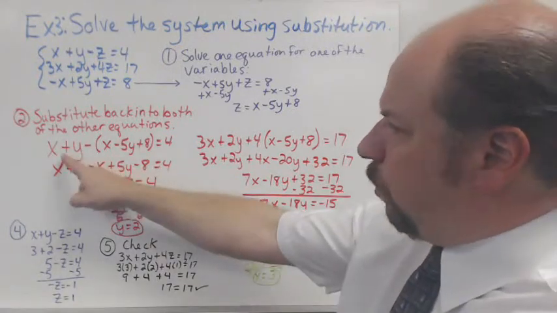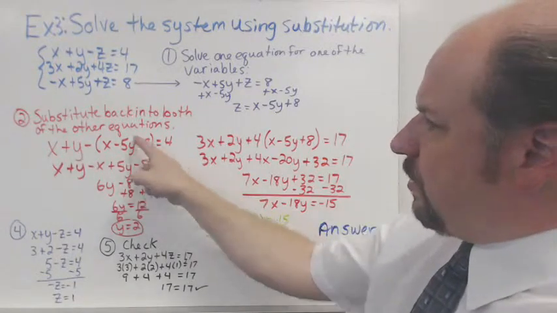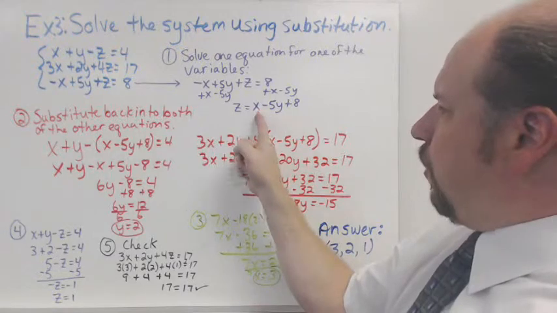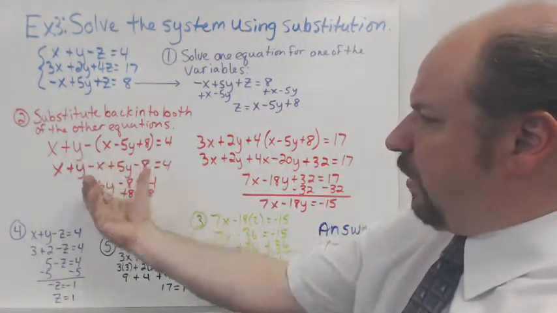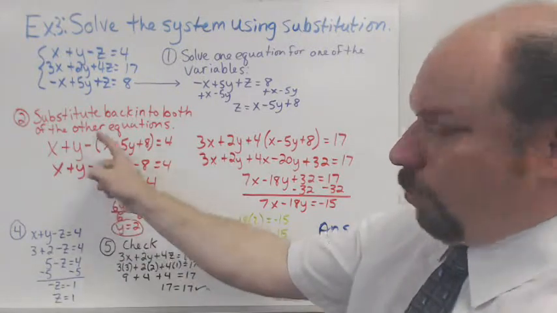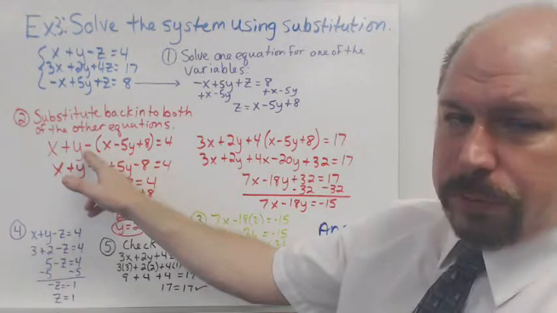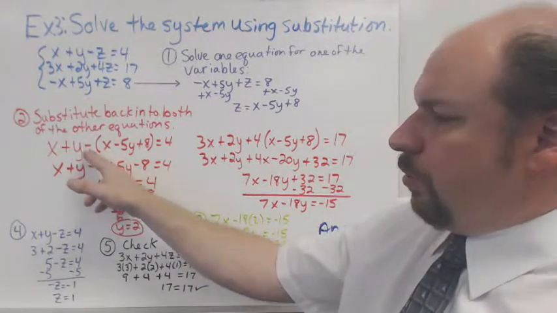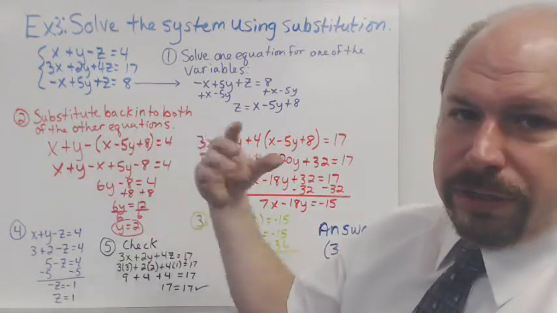So when I put it into the top equation, we have x plus y minus z. And remember, this is what we just found that z is. So I just took this, substituted it in there for z, and now we can kind of simplify this down. So remember, it's very important to put parentheses around there, especially when there's a negative sign. Because if you don't put parentheses, you'll forget that we have to distribute this negative sign on through, and it'll mess up your answer.